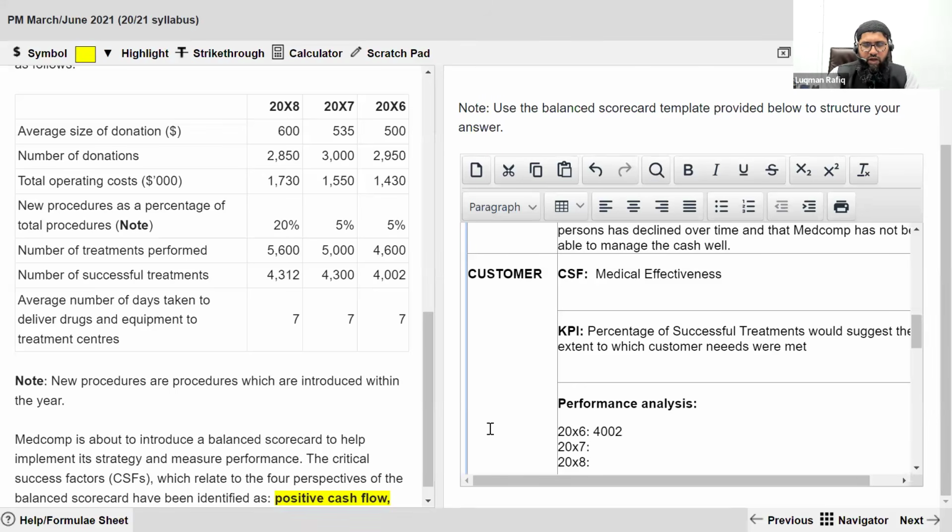So it's going to be 4002 divided by 4600, which is equivalent to 87%. It's going to be 4300 divided by 5000, which is 86%. Then 77%.